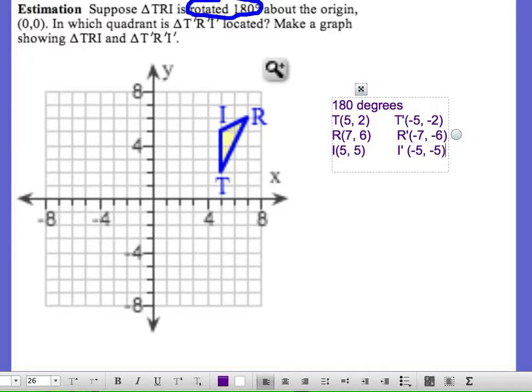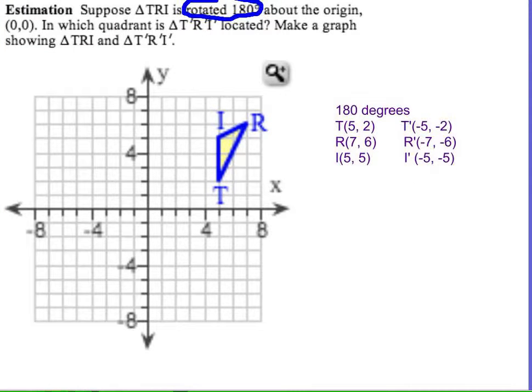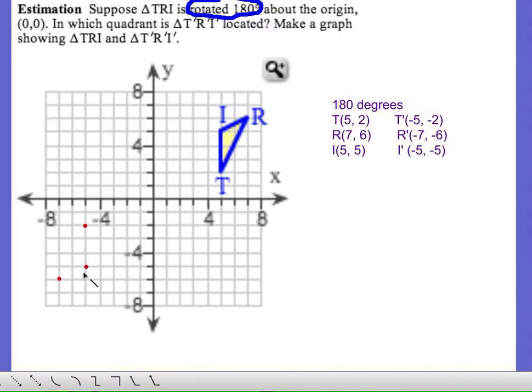When we plot these points, we will see our rotation. So T prime, R prime, and I prime.